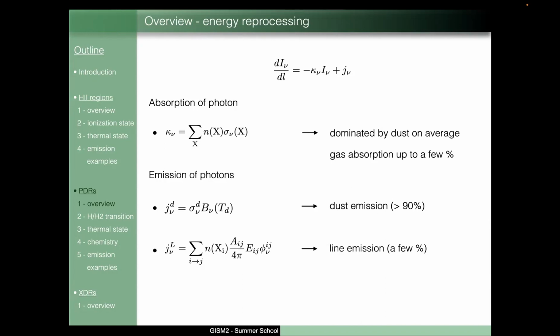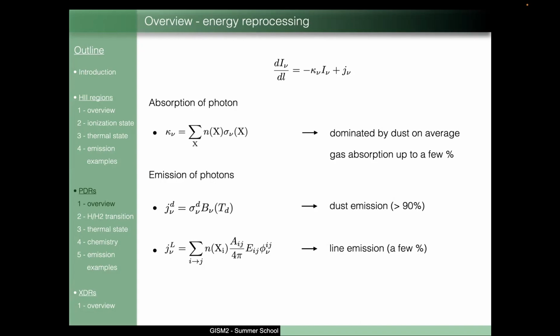So when we do a total balance of energy, we see that by direct absorption, the gas gets only a few percent, okay? And then through the photoelectric effect, the gas gets also a few percent of the incoming radiation. So at the end, the emission of photons through line emission is only about a few percent of the total energy that has been absorbed from the radiation field, okay?